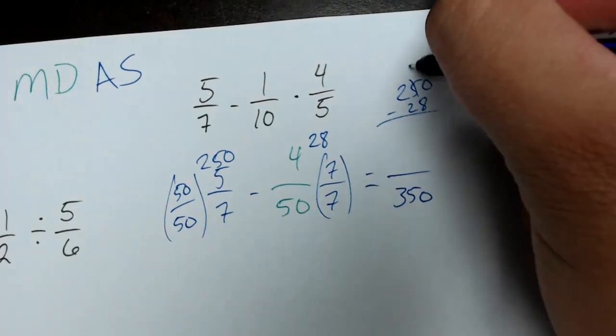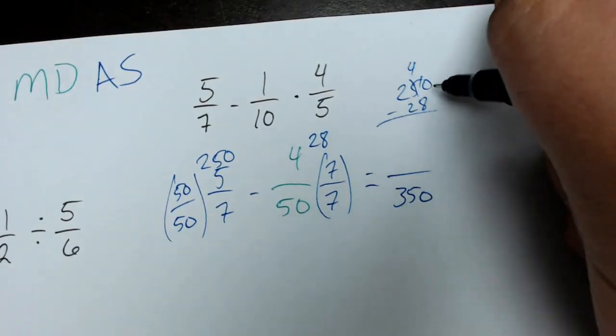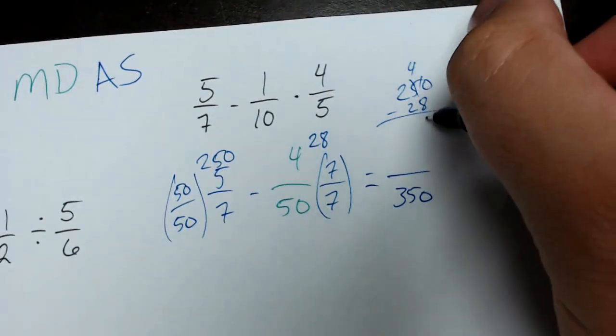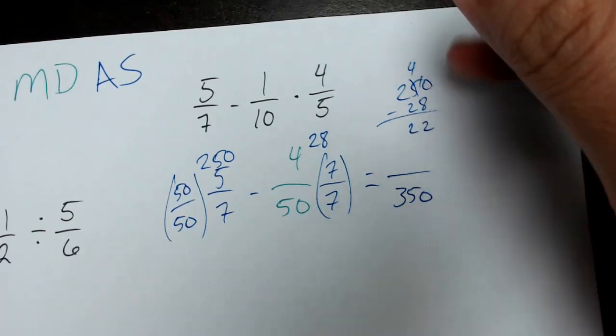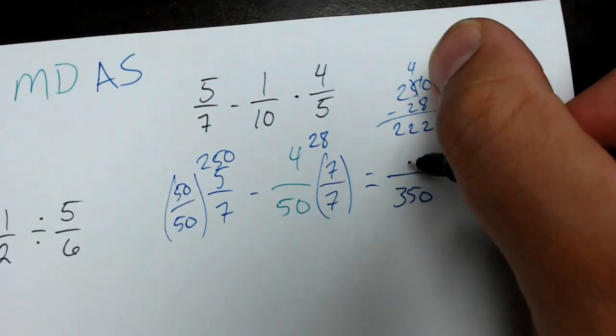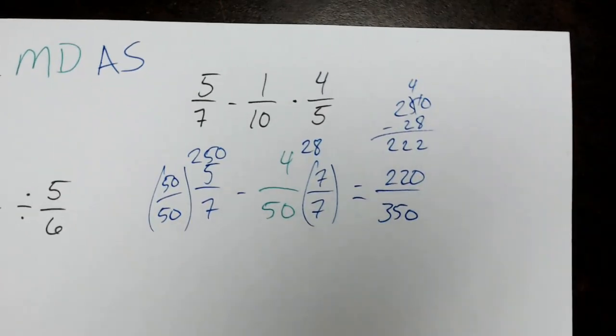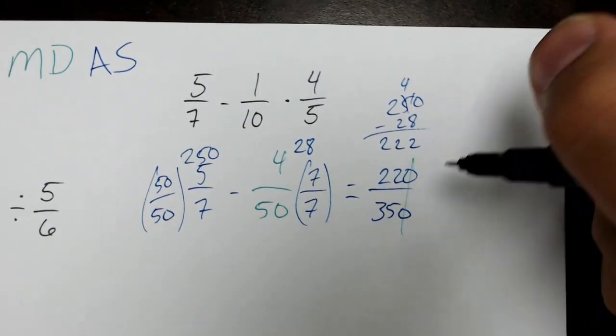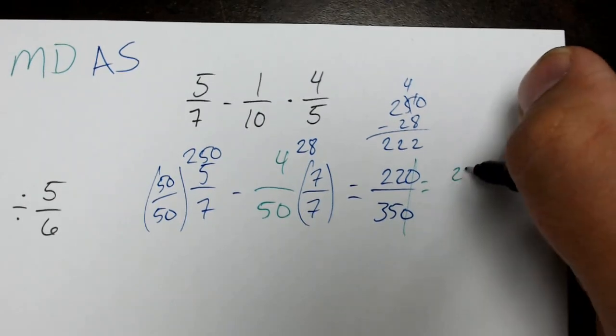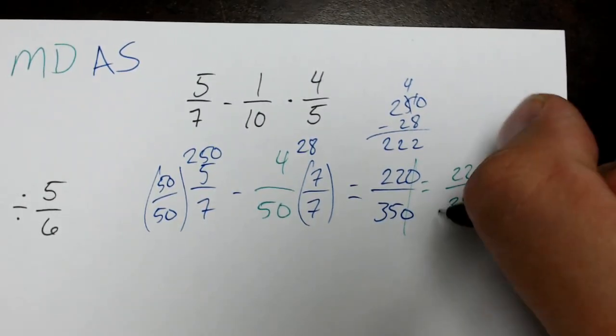Regroup the 5, carry the 1. 10 minus 8 is 2, 4 minus 2 is 2. 222. So now I have 222 over 350. Last thing, I can see both these numbers are divisible by 10. So I'm going to go ahead and reduce that. So cross out the zeros, and my final answer is going to be 22 over 35.